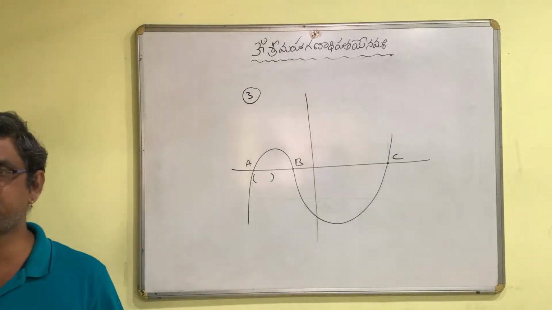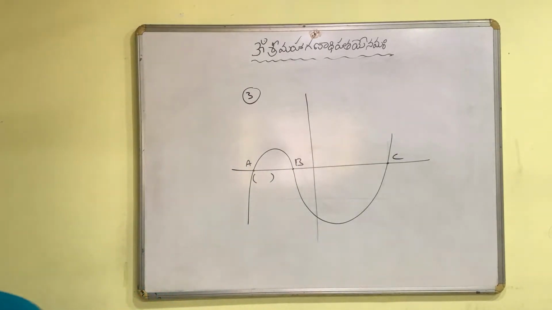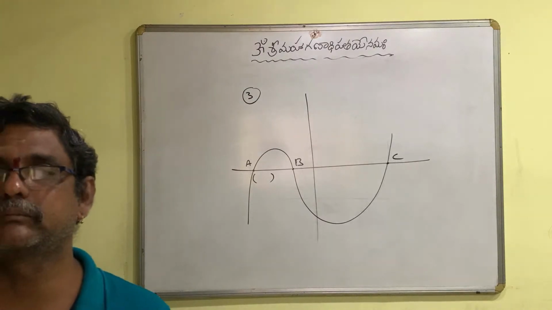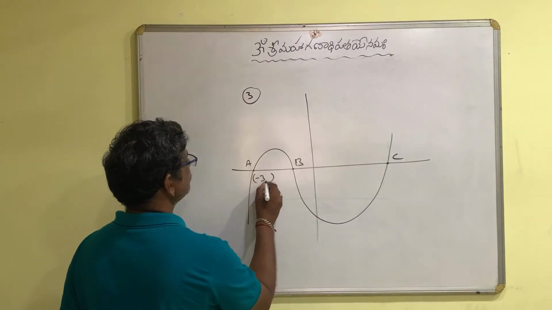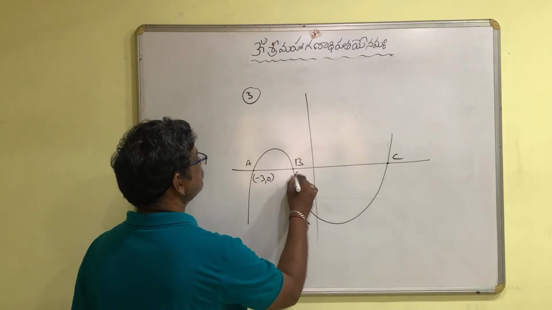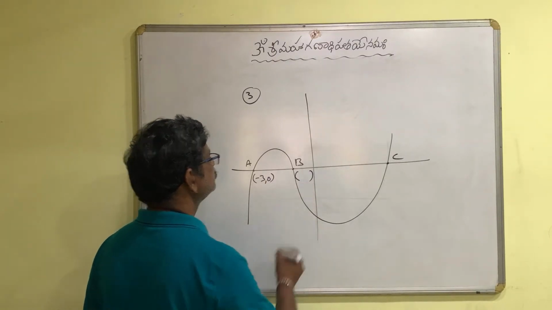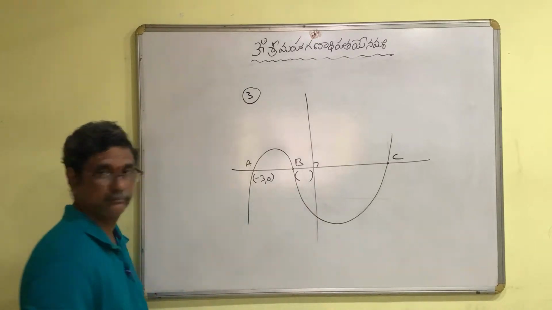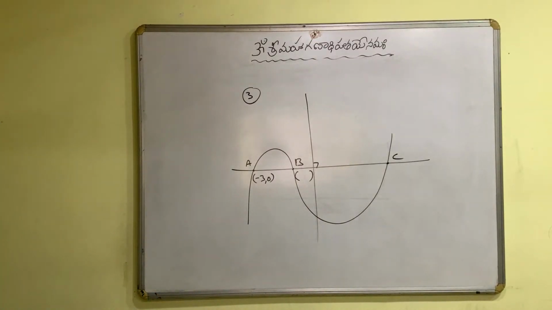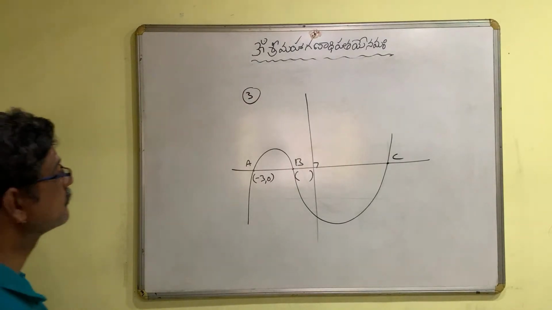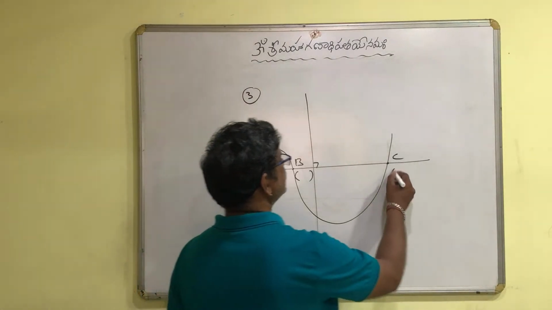What are the coordinates of A? -3, 0. Very good. Coordinates of B?